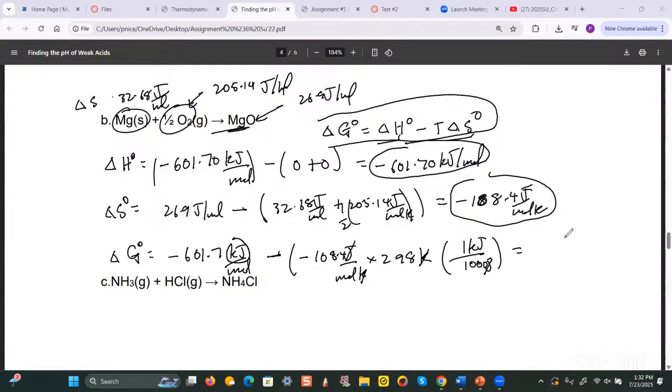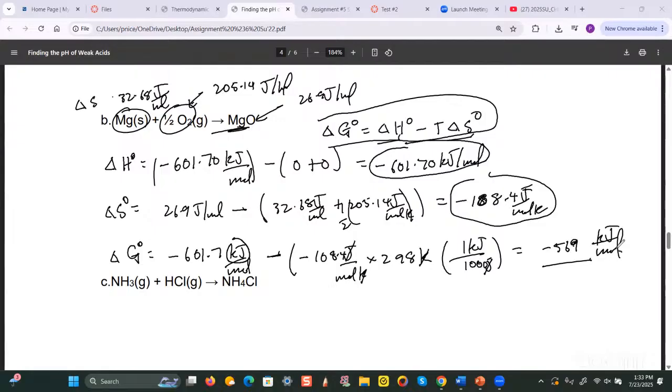Okay, so according to my calculation, I got minus 569. How many sig figs? 3 sig figs. So that's it, minus 569, and the units here would be kilojoules per mole. And that's how you would do that.